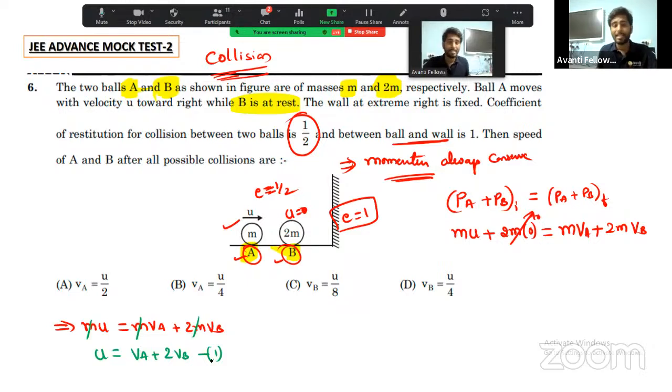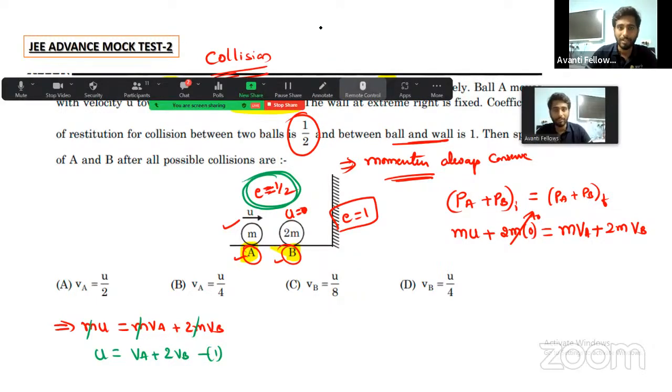And I told you guys, here there is a coefficient of restitution. It is given to calculate the factor by which the velocity changes. Write this down, guys. E is equal to velocity of separation, meaning the velocity after collision, v2 minus v1, divided by velocity of approach, u1 minus u2.